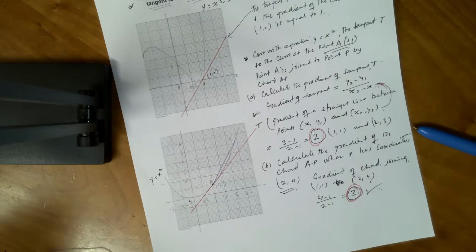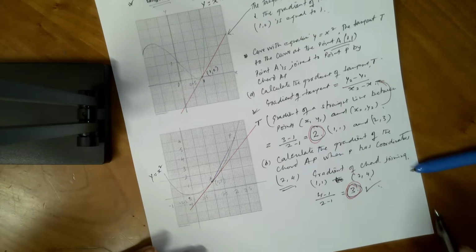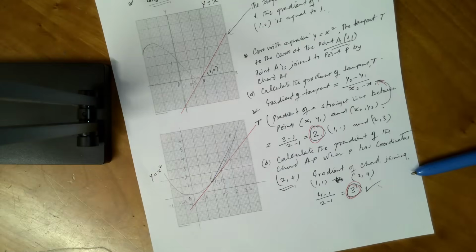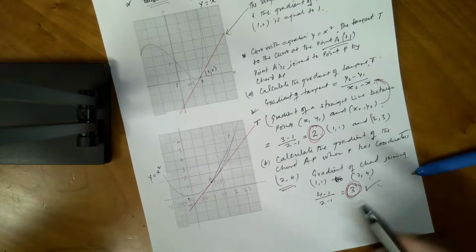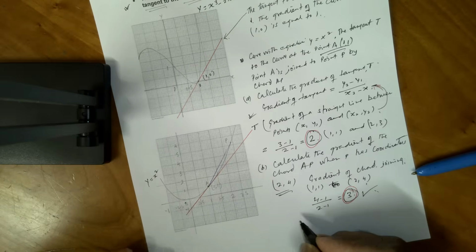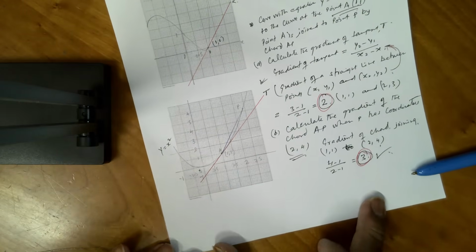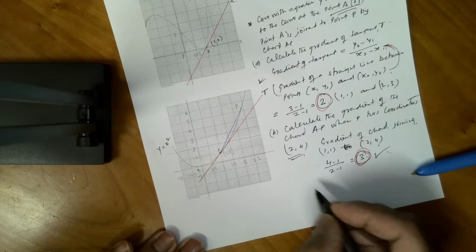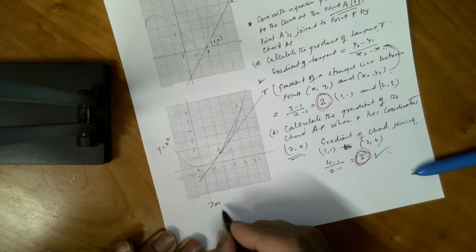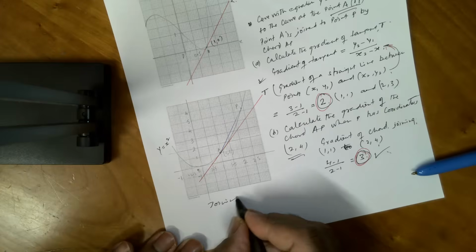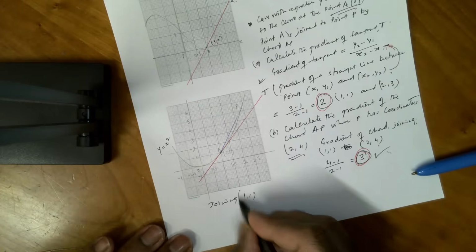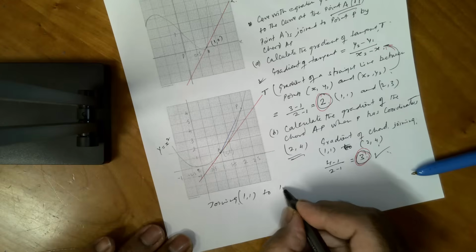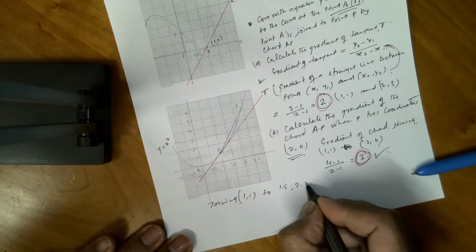Right. Let's say you find out the gradient of the chord joining 1, 1 and another point, 1.5 and 2.25.